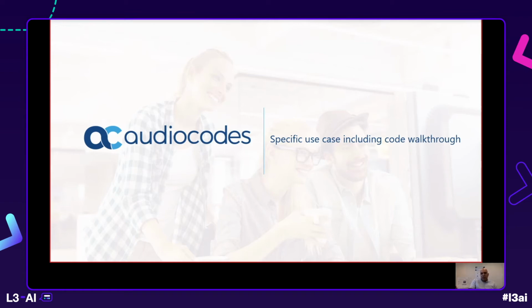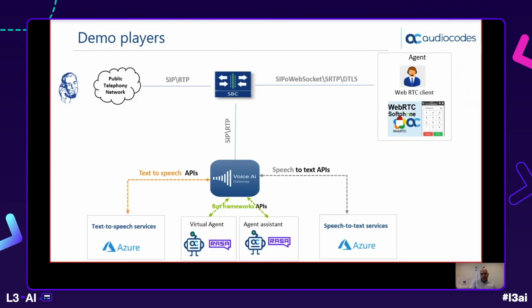Now let's go over a specific use case. I will start with an explanation of the players of the use case. Then Orgad will show you all the code details related to this bot, and we'll end up with a demo. So these are the players of the demo. The first one is the customer using the public telephony network in order to call a contact center.